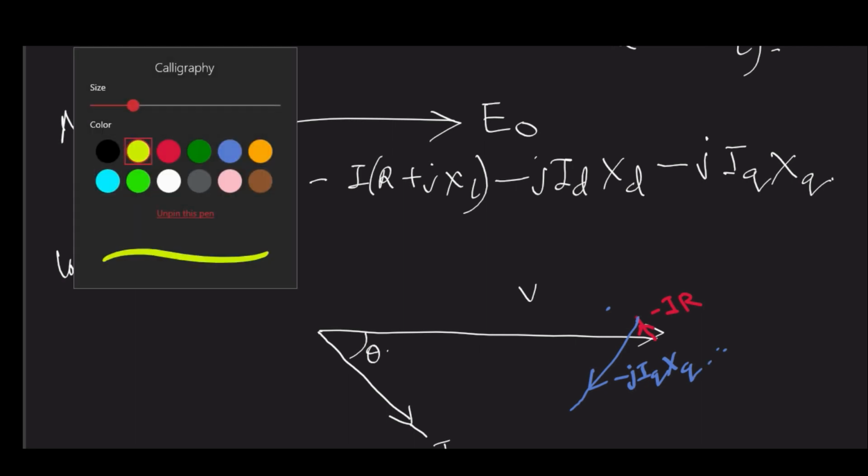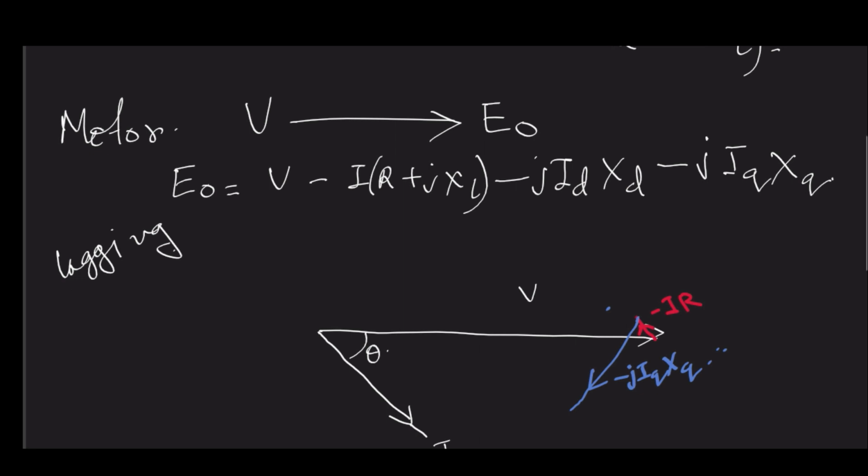Now this is our E1. This angle is delta, and this angle is our beta.